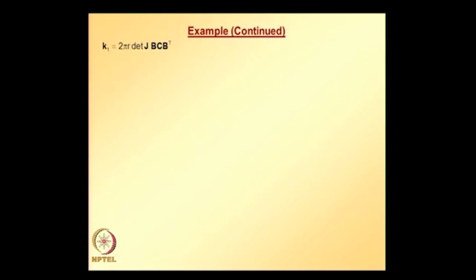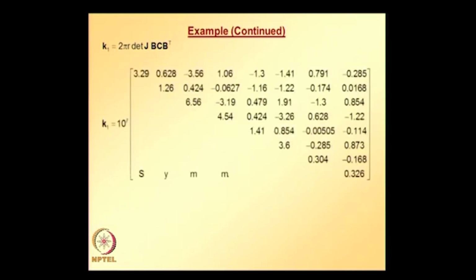Here K subscript 1 is used to denote the contribution from the first integration point to the element stiffness matrix. So, by plugging in all the values and simplifying, we get this matrix.